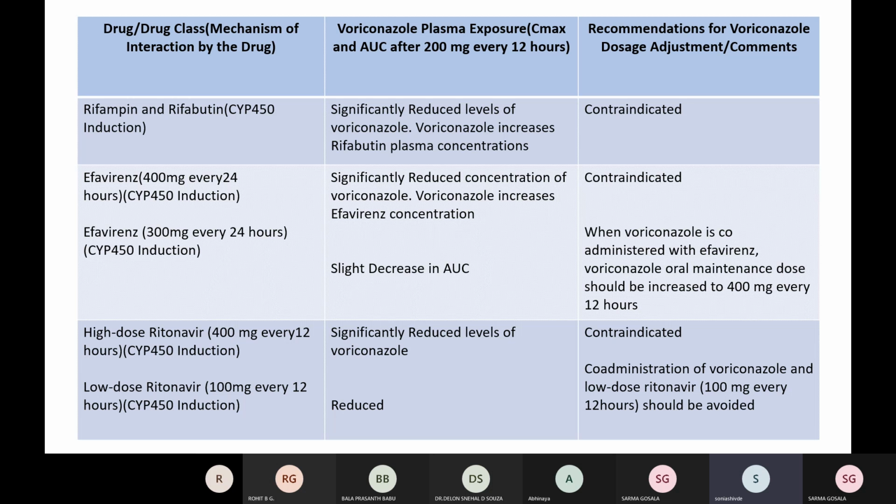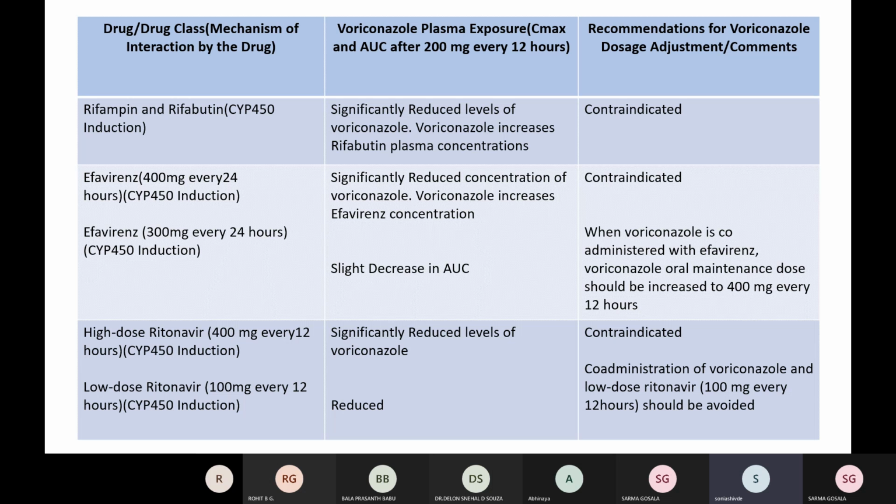Efavirenz 300 mg every 24 hourly. When co-administered with voriconazole, the voriconazole oral maintenance dose should be increased to 400 mg every 12 hourly from 200 mg, because efavirenz 300 mg reduces the voriconazole concentration. So we should double the dose. But when it comes to 400 mg efavirenz, ideally it is contraindicated.